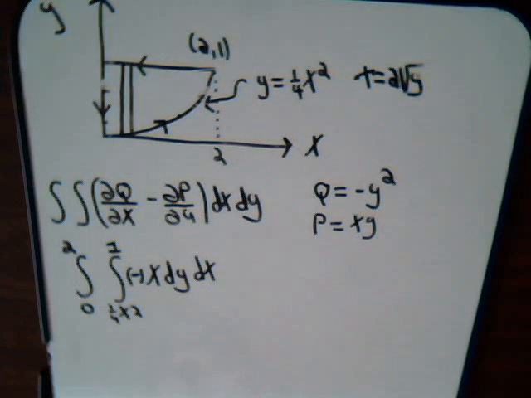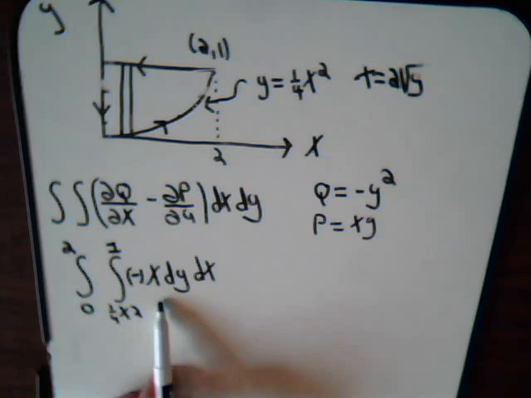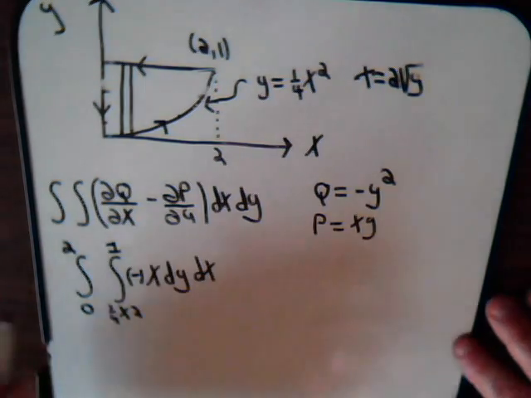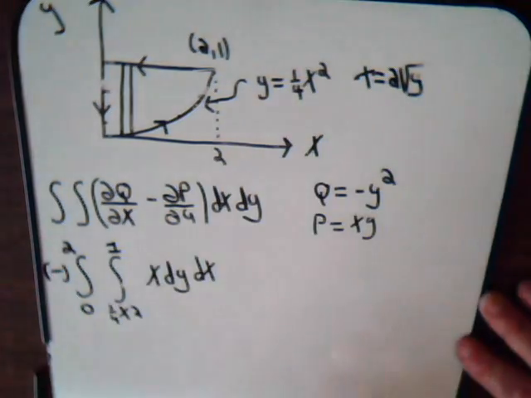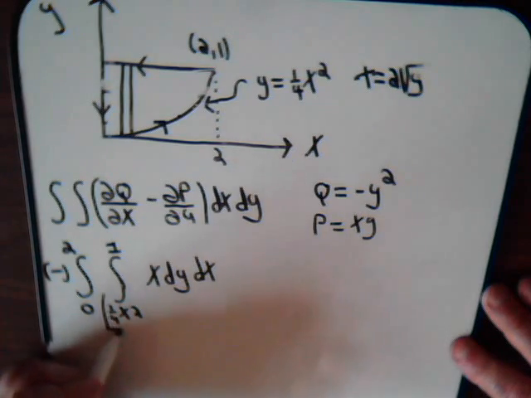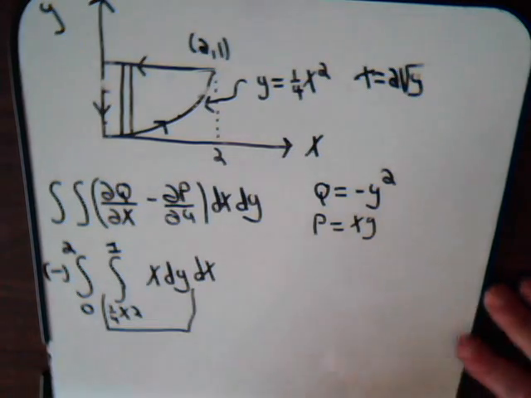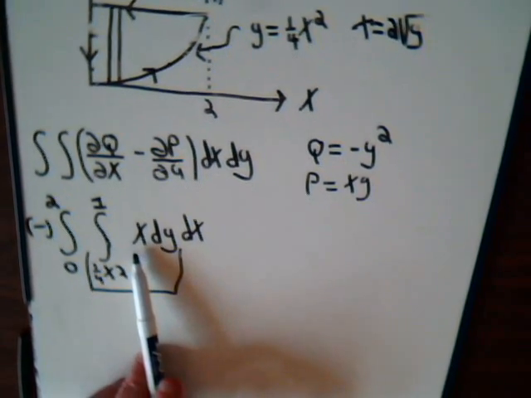And then we go ahead and we integrate. Now we're integrating with respect to dy. That means now that x just is treated like a constant. And for the moment, let's take this minus sign and put it to the outside. So for the first integral, the inside one, x dy, x gets held as if it's just a constant.